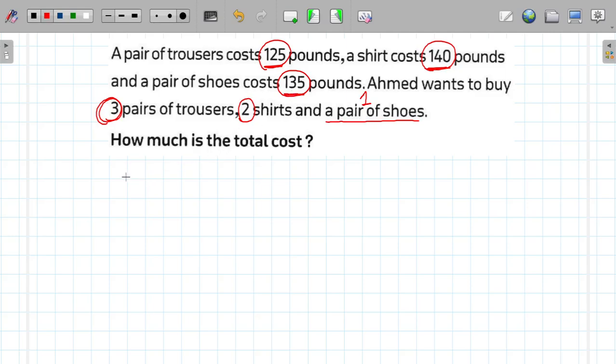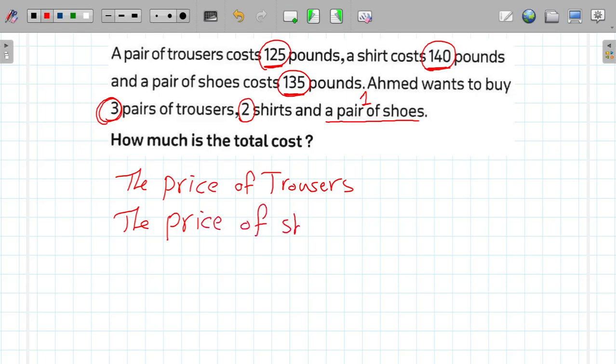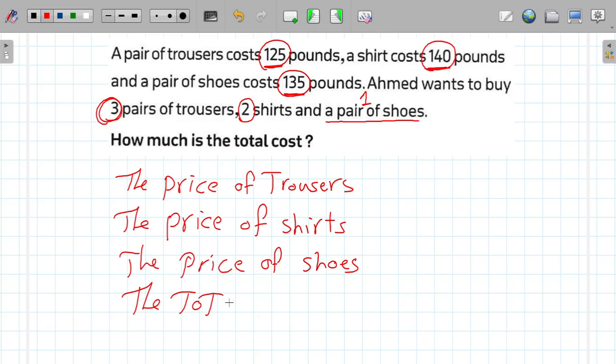So first I want the price of trousers, and after that I want the price of shirts, and after that I want the price of shoes. Okay, and after that I will add them together to find the total costs.